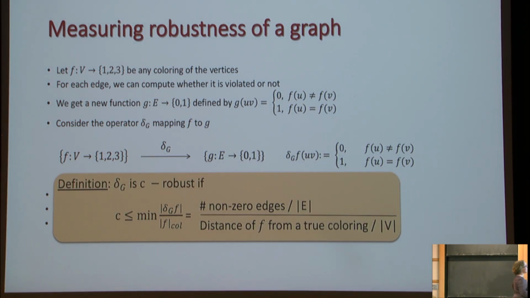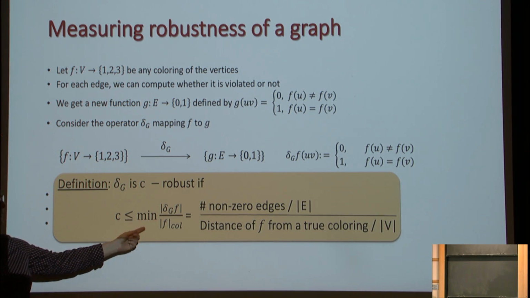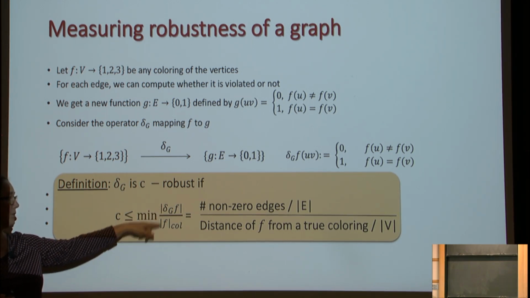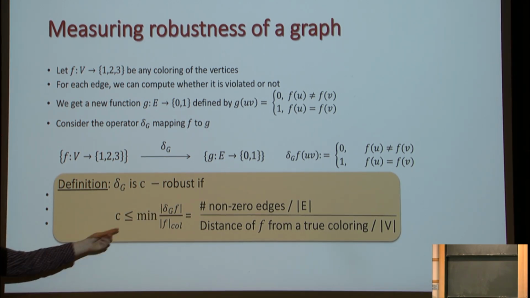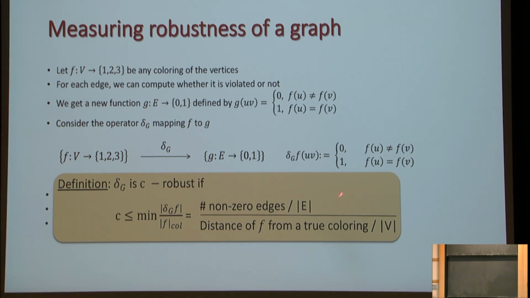And that will be our definition. So let's say that this mapping delta is robust if this ratio, when you minimize over all possible colorings, but only those that are not proper colorings, otherwise you would have 0 divided by 0. So you go over all f's that are not proper colorings, and you compare the number of edges that are violated to how far you are from the good 0 set.